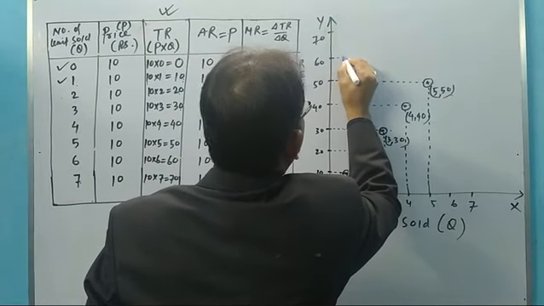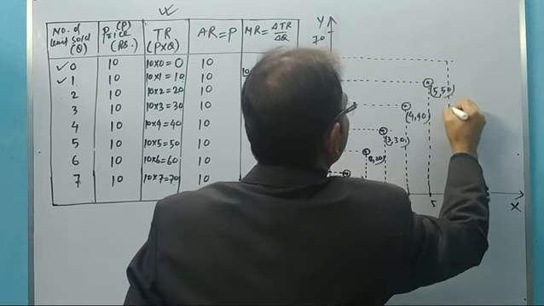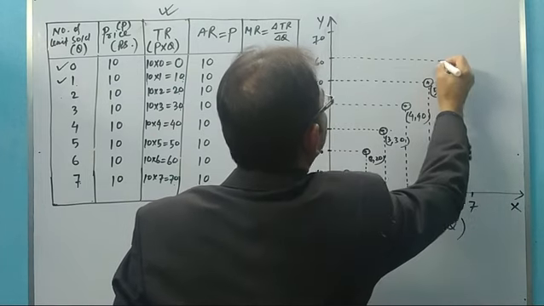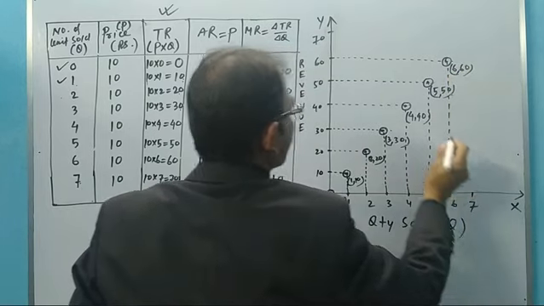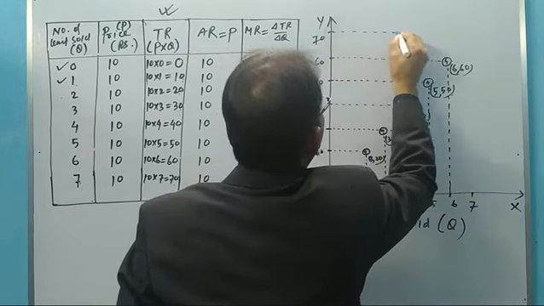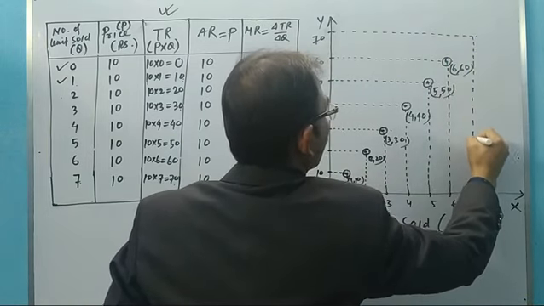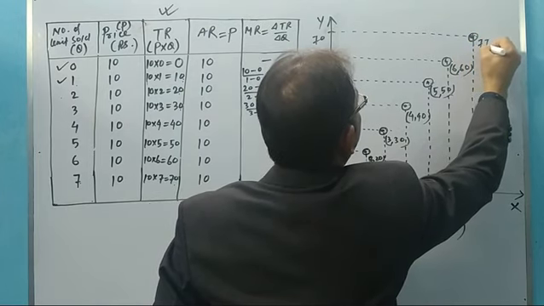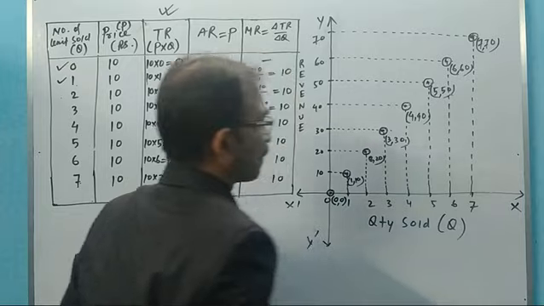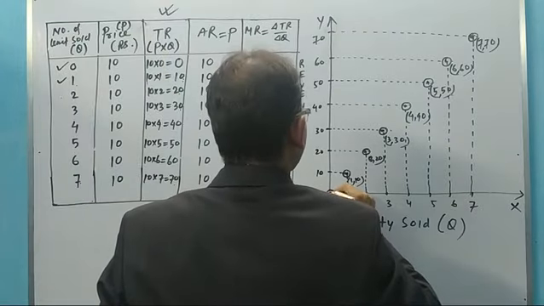For 6 units of selling, total revenue is coming 60. So 6, 60. 7 units of selling, getting 70 rupees. So 7, 70.